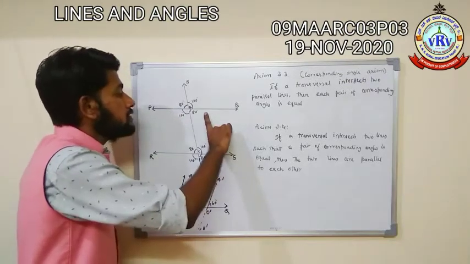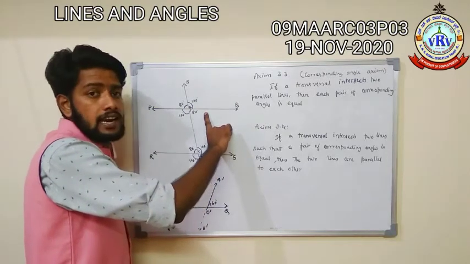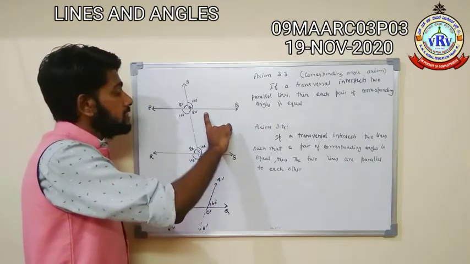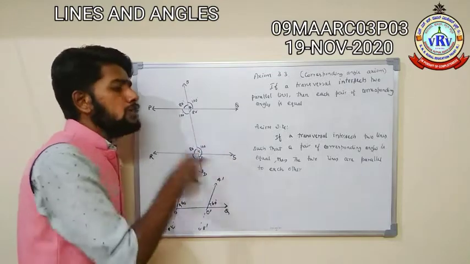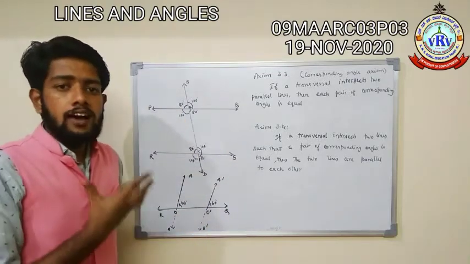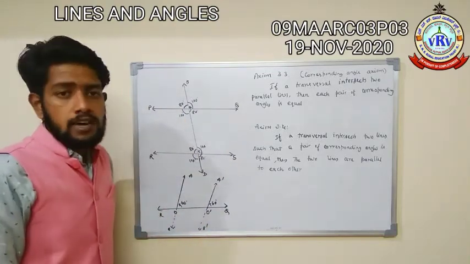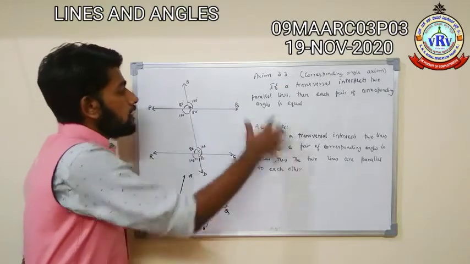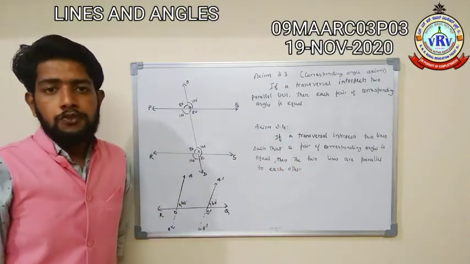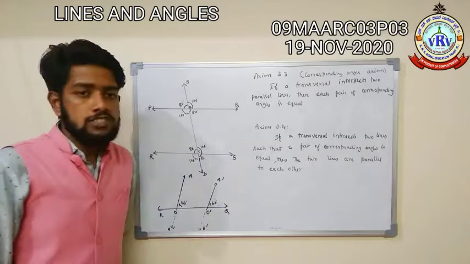You can observe in this case also the interior angles on the same side, their sum is 180 degrees. All these things we have in the next theorems. We can use axiom 3.3 and 3.4 to prove all these concepts.